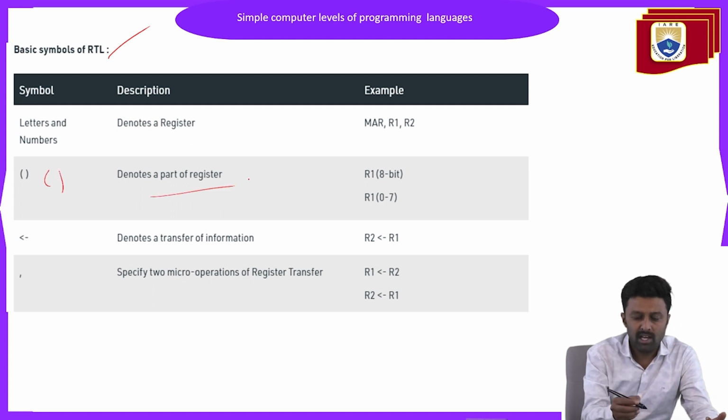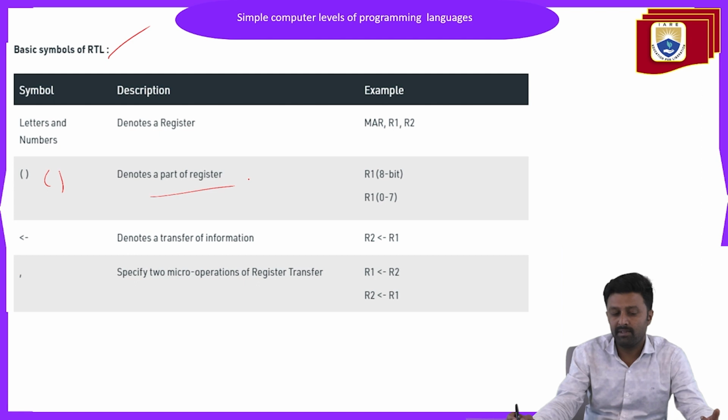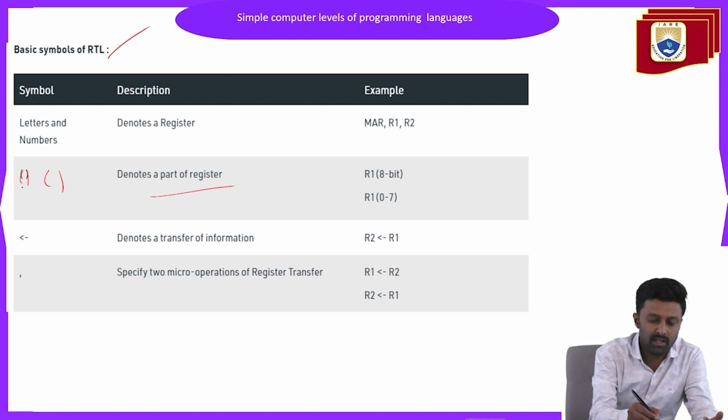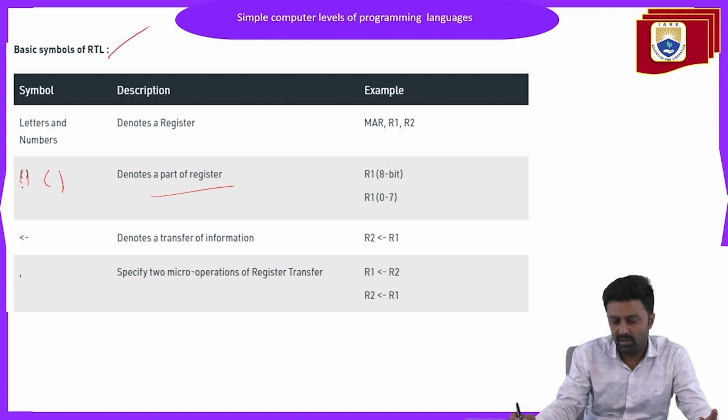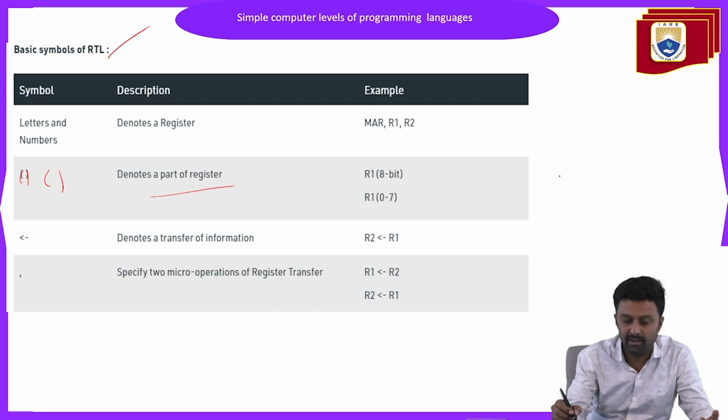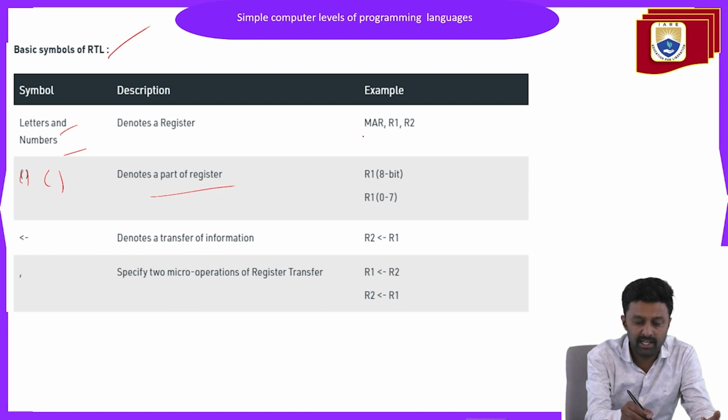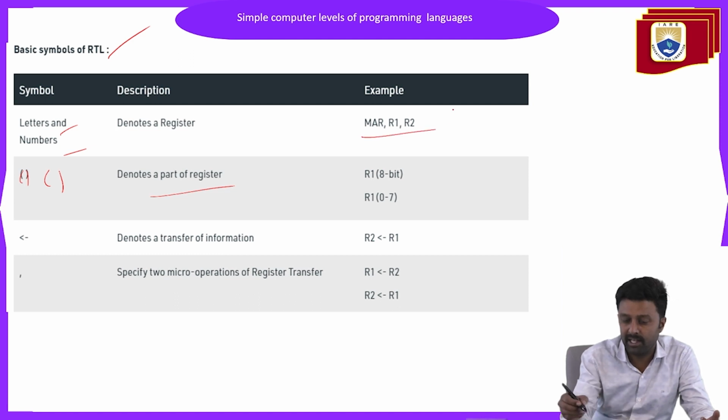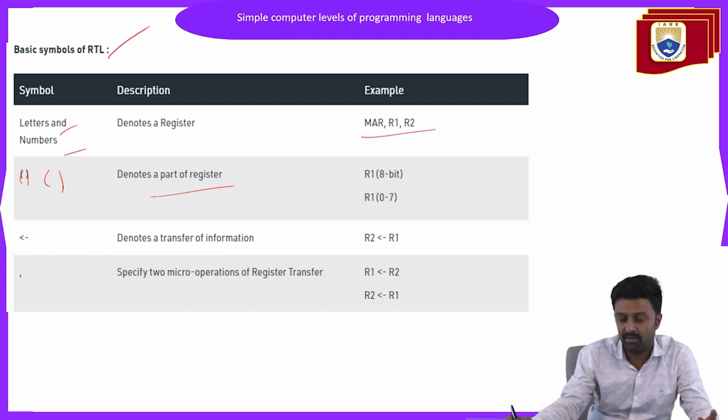So this table shows the symbols. This denotes the part of the register. First we'll see letters and numbers here, so we can represent the registers directly, like R1, R2, and MAR, which is the memory address register.